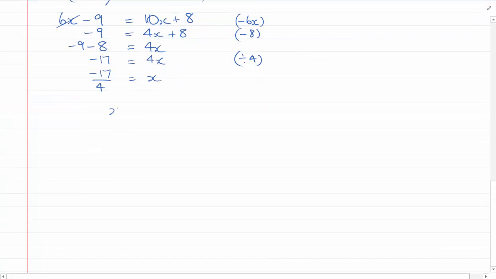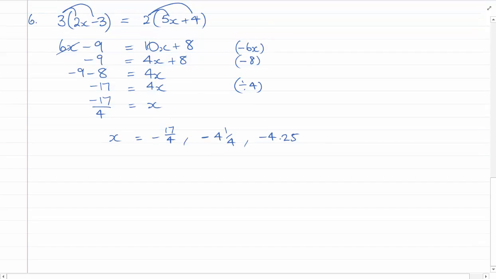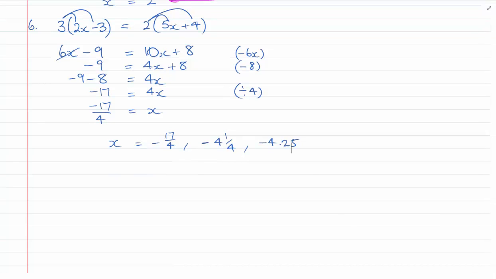And of course here you may write x is equal to -17 over 4, an improper fraction, or -4 1/4, a mixed number, or you might write it as -4.25. However you do that will depend on the direction of your teacher and the type of question you're facing.